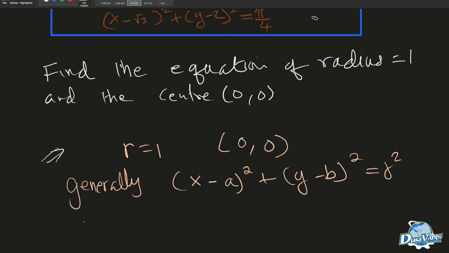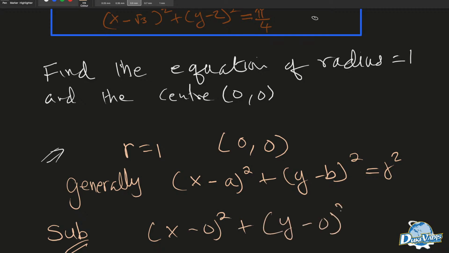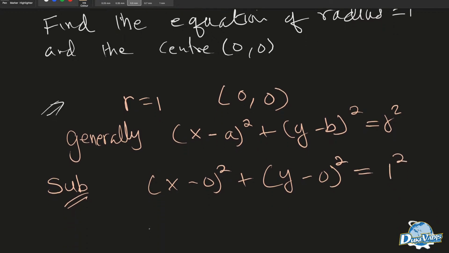So if we do the substitution, this is going to be (x minus 0) squared plus (y minus 0) squared is equal to 1 squared. This implies that we have x squared plus y squared is equal to 1.